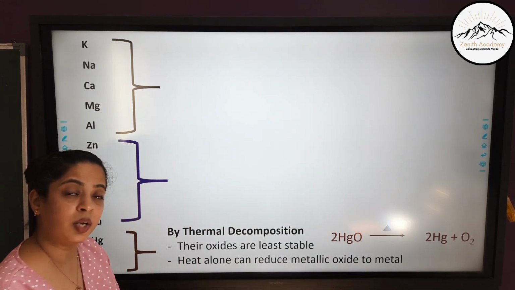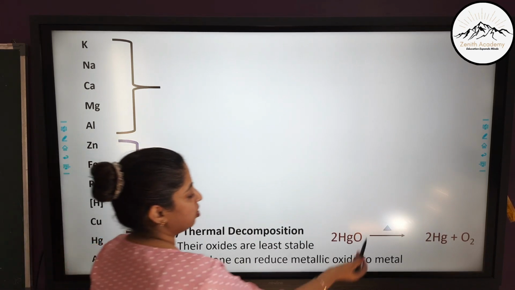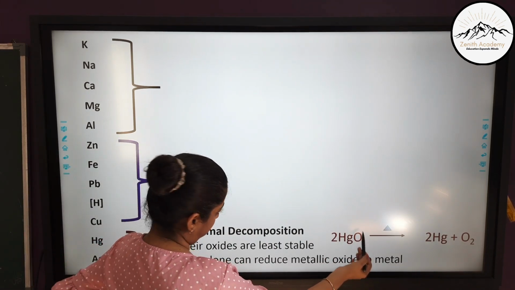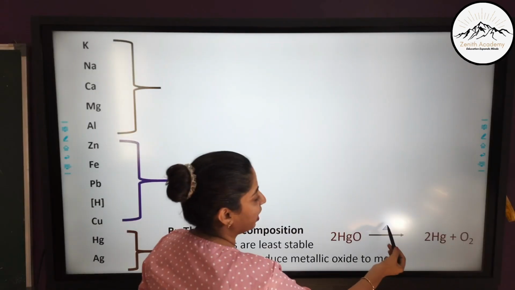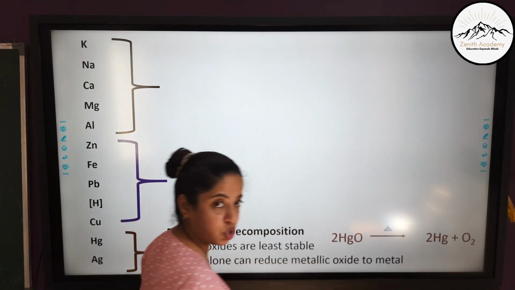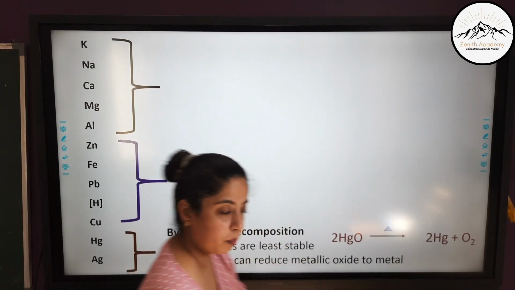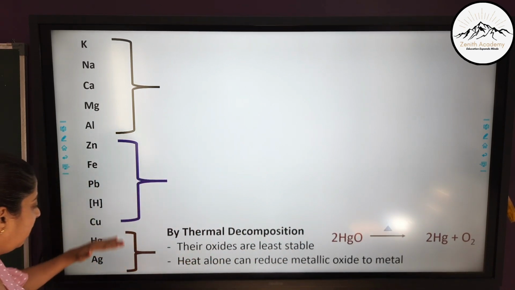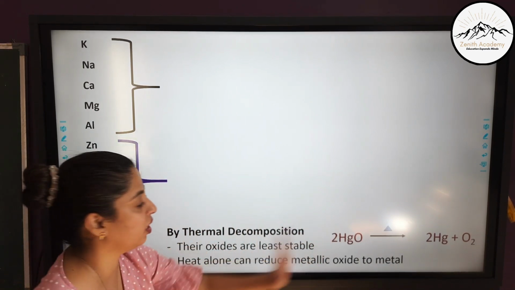We want to extract metal from the oxide. For example, there is mercury oxide. When it is heated, it forms mercury metal and oxygen. So we get the metal by heating only.